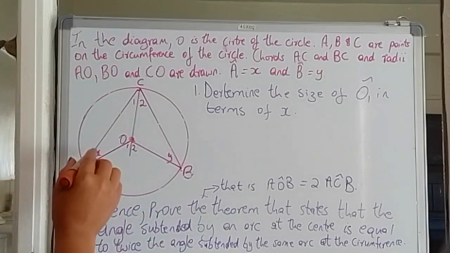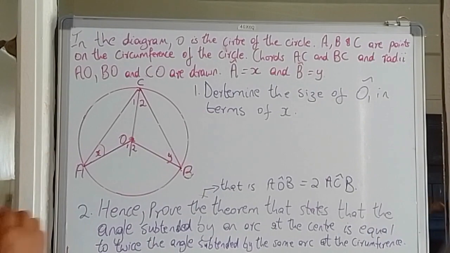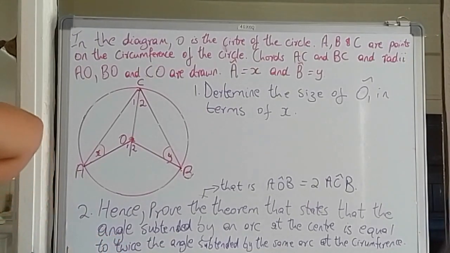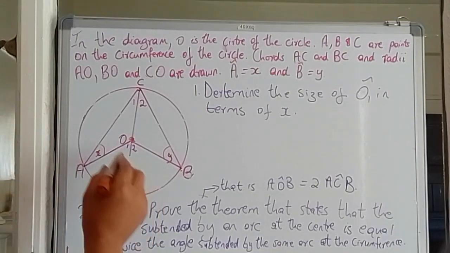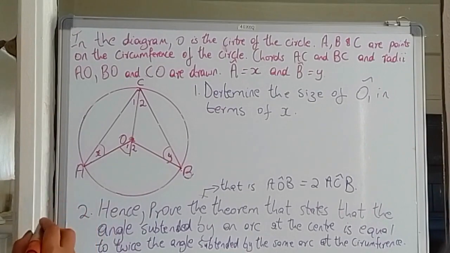So angle A is equal to X and angle B is equal to Y. So first we need to determine the size of O1, here's O1, in terms of X.